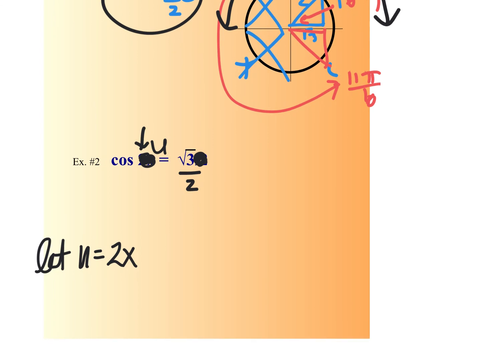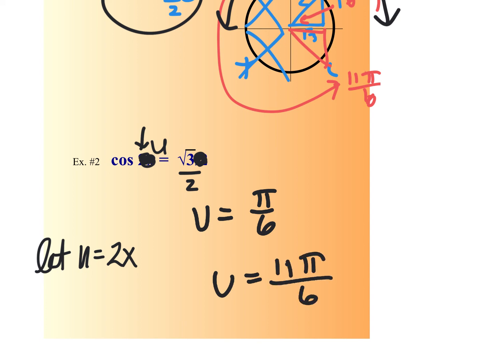So yeah, I could go through and draw the whole thing over again and get the two answers, but I'm just going to copy from the top. u is pi over 6 and u is 11 pi over 6. But what's u? And therefore this is really 2x equals pi over 6, and really 2x equals 11 pi over 6.